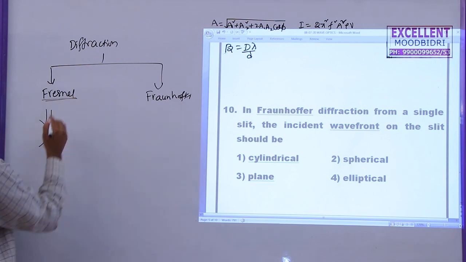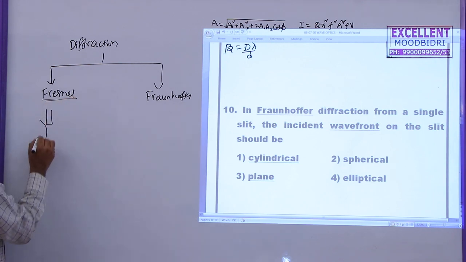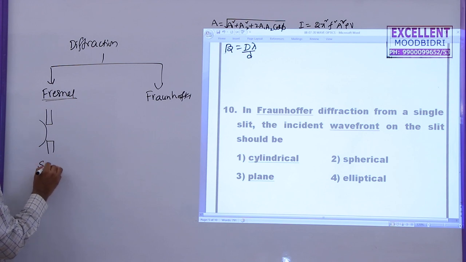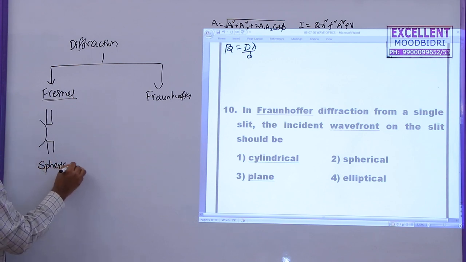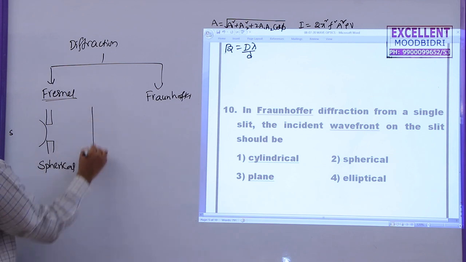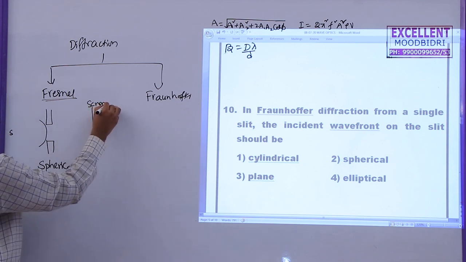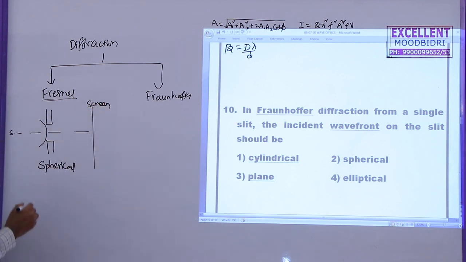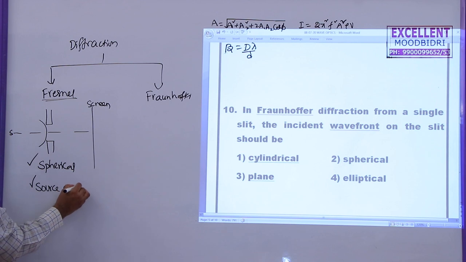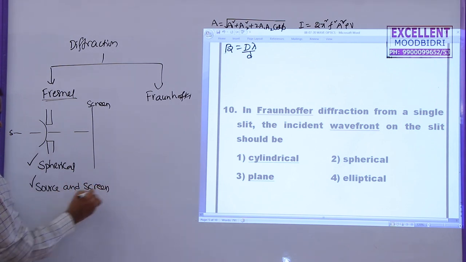That means in Fresnel diffraction, the incident wavefront is spherical, as the source and the screen are nearer to each other, at a finite distance.